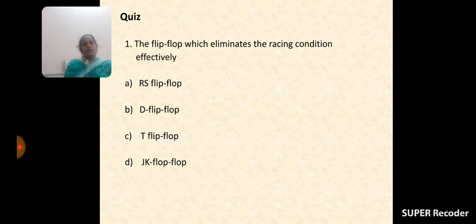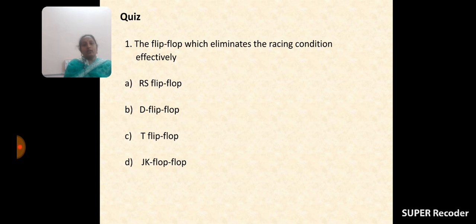Okay, and coming to the data flip-flop, here both inputs are tied together, but in between the two inputs an inverter is there. Whatever output we are getting follows the input in the data flip-flop. Whatever input we are giving is passed to the output. Why do we design it this way? After some time it will give the output, and that's why it is called delay.